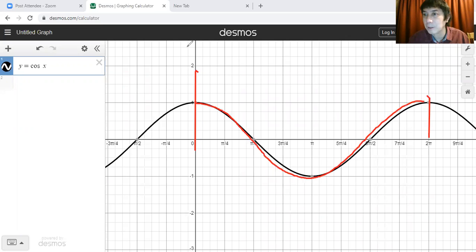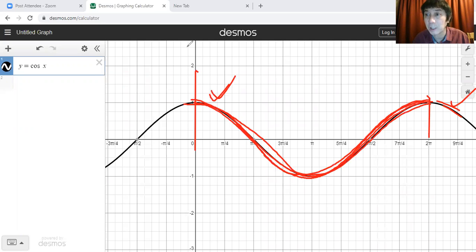The next part is just the same as this. So one complete cycle for the cosine is from maximum to maximum, like that. That's the only difference compared to the sine function.